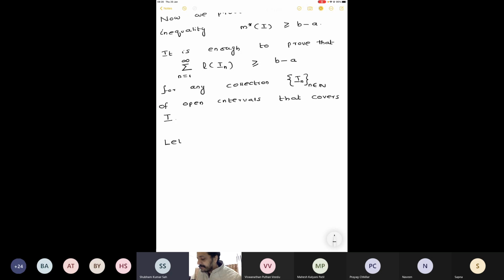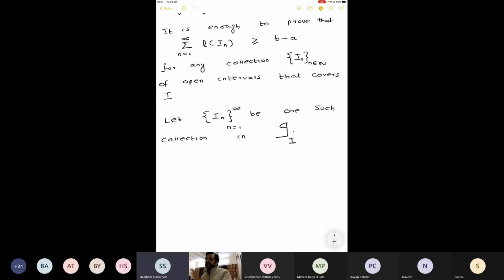Let the sequence In, n equal to 1 to infinity, be one such collection in the family, here the family is for I, the interval I. So we have to prove that summation of L of In is greater than or equal to B minus A.